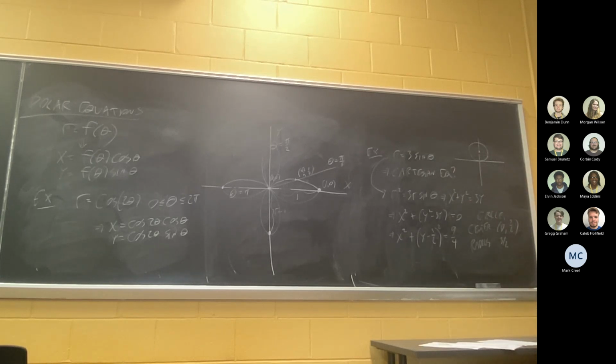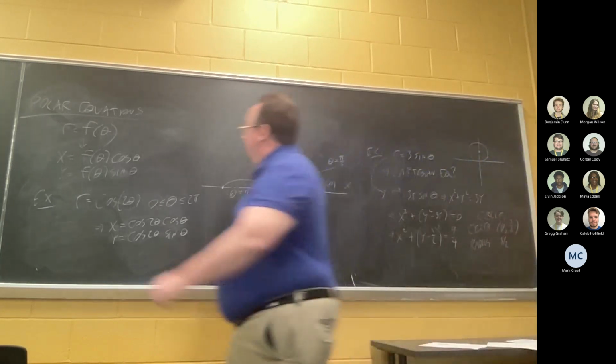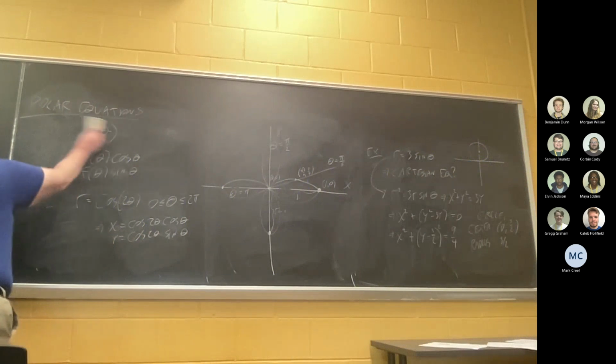So r equals a constant times sine theta gives you that, whereas r equal to a constant times cosine theta will put the circle over here. Questions about the conversion of that one?